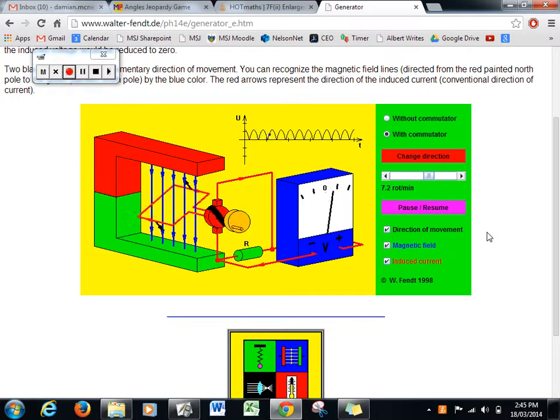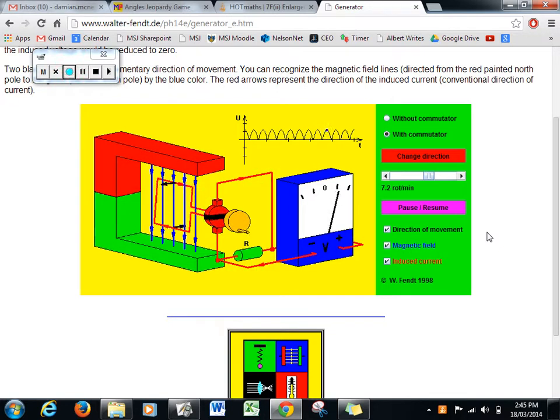It creates DC electricity. Not a constant DC, but DC in the fact that electricity only comes out in one direction. In other words, it goes a lot out, stops, a lot out, stops, but the lot out is always in the same direction. So when the electricity comes out, it's still moving forward.